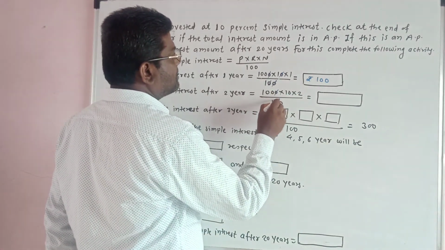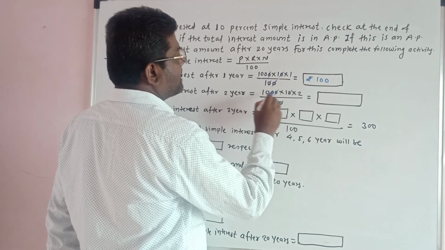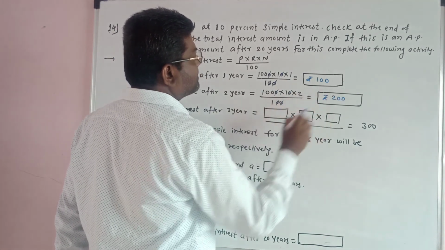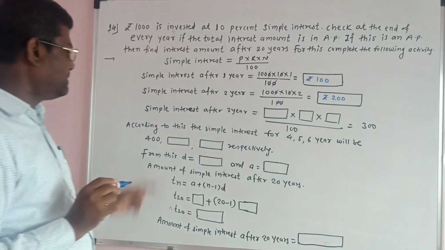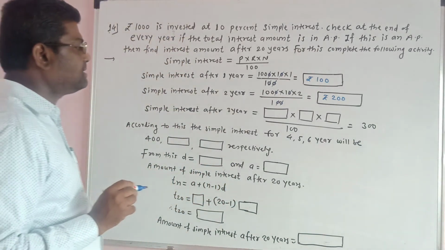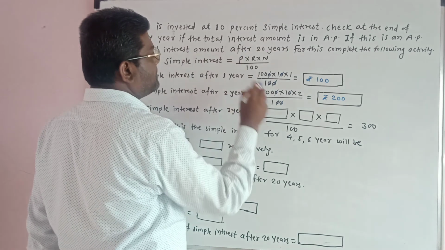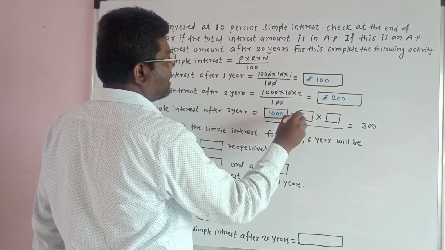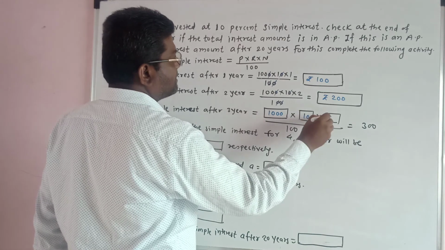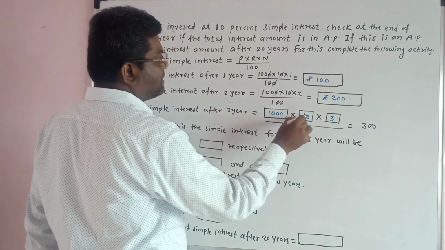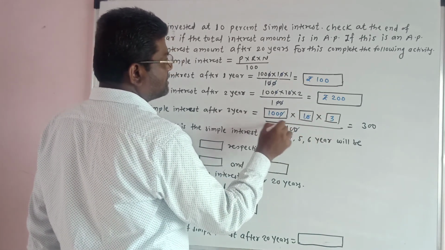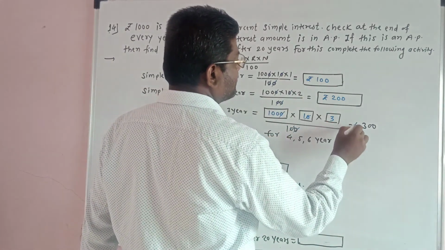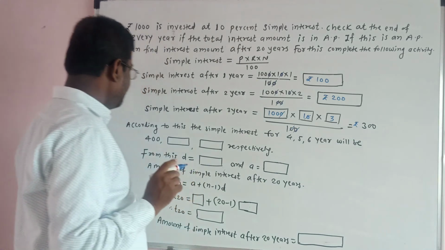The zeros get cancelled, 100 into 2, that is rupees 200. Simple interest after 3 years: P is 1000, R is 10 and N is 3. Then the zeros get cancelled, so it will be rupees 300.